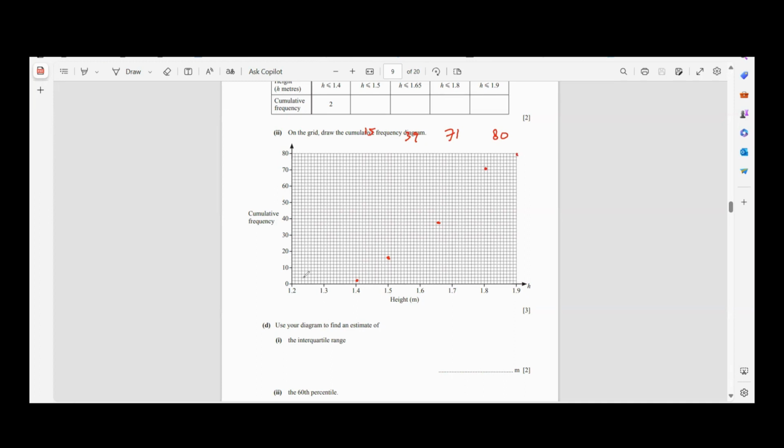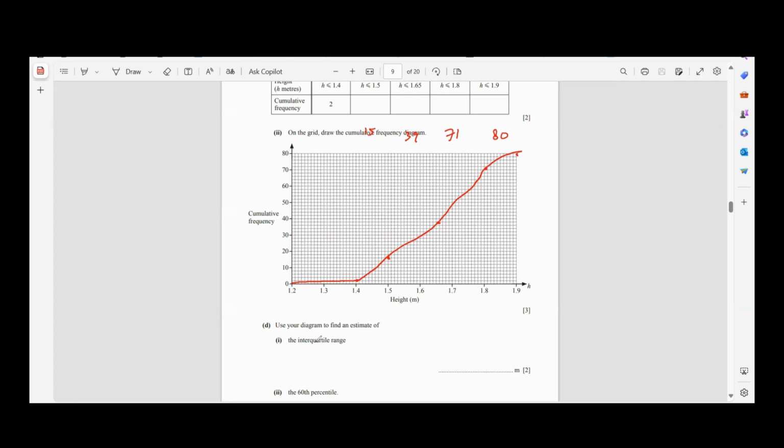So that's how we plot it. Okay, I think that's it.